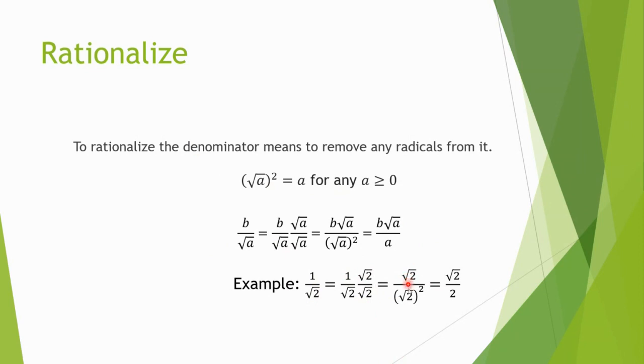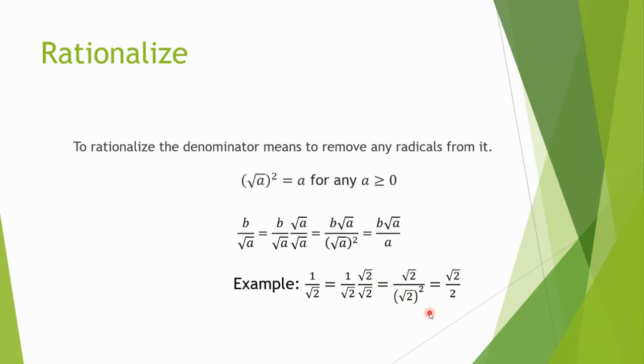On the bottom, we get the square root of 2 squared, which is 2. And so we get this. That's how you rationalize the denominator.